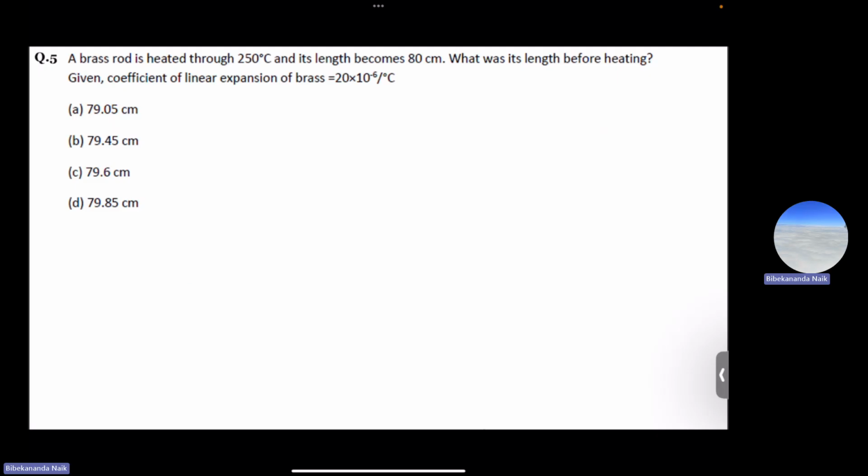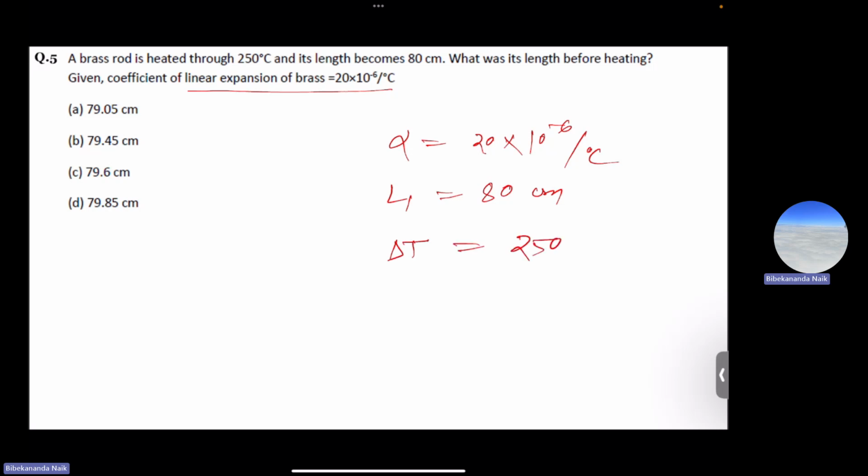The value of L1 is given to us, and the coefficient of linear expansion is also given: alpha is 20 into 10 to the power minus 6 per degree centigrade, L1 is 80 centimeter, and delta T is 250 degree centigrade. So we need to find out the value of L0. I'll give you a few minutes and then we will discuss.